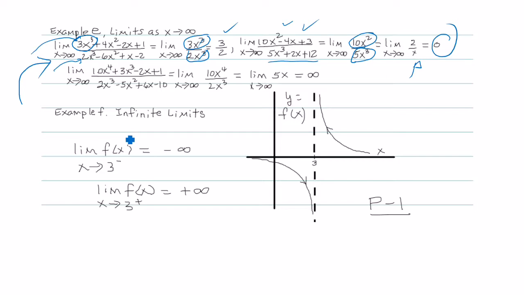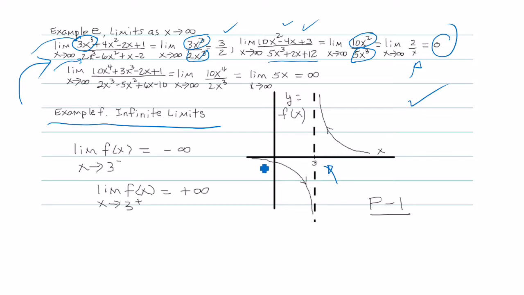Then we've also got limits that can go to infinity. And this is just a simple example of a rational function that has a vertical asymptote at x equals 3. And now we want to know what happens to this function as x approaches 3 from the left.